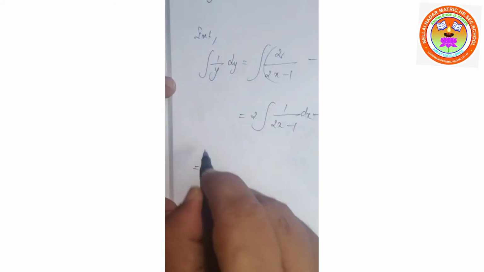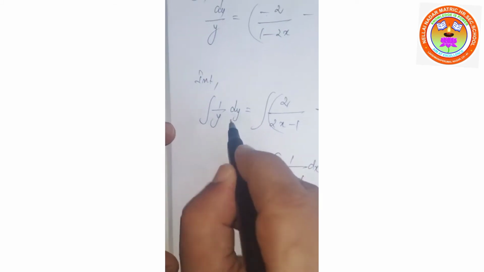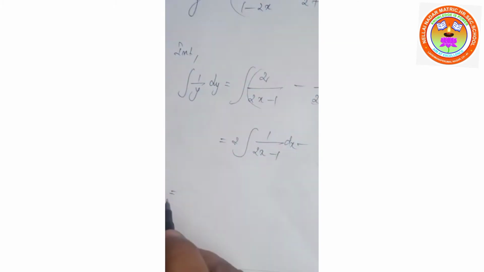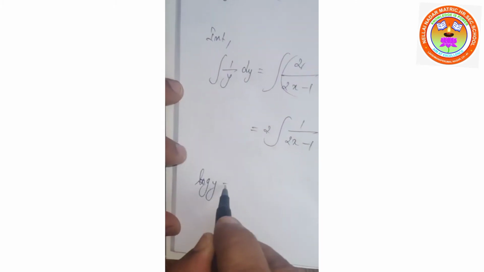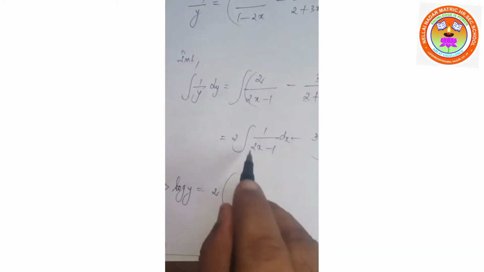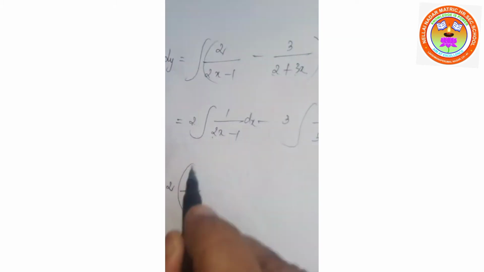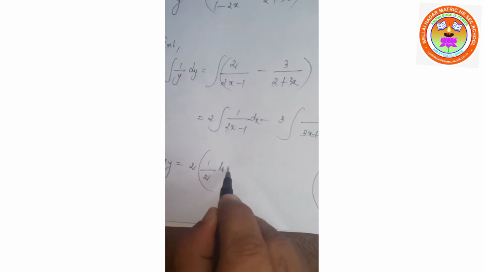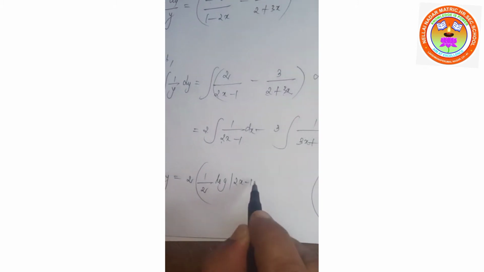Okay, listen carefully. 1 by y, you can directly write 1 by x dx, integration is log x. So 1 by y dy integration is log y. That is equal to, now right hand side, 2 write as it is. Here you have to apply the formula, 1 by a. What is a? A is the coefficient of x. Log of modulus of 2x minus 1.